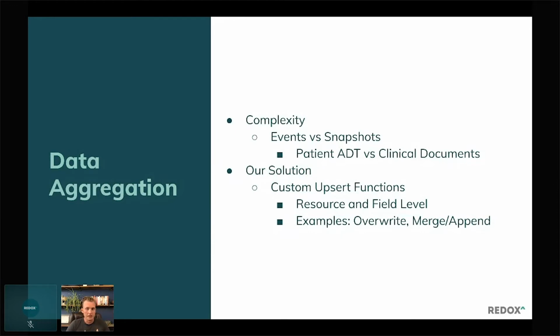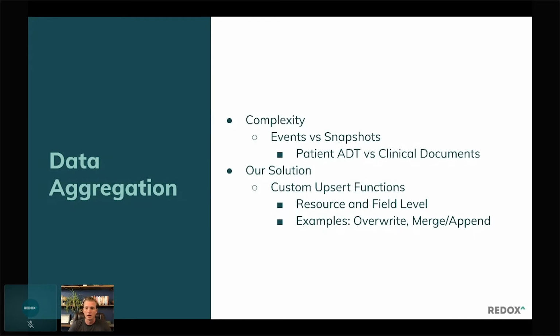So what we decided, again, was to leverage our upsert functions that we're using for patient merge. The idea being that any resource that we persist could have a different upsert strategy on both a resource level and field level. Examples of some of our upsert functions that could be applied to different resources or fields: some fields you may apply an overwrite when you're aggregating events.